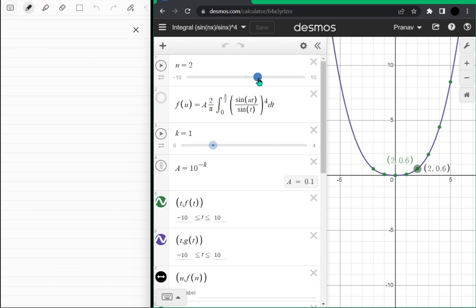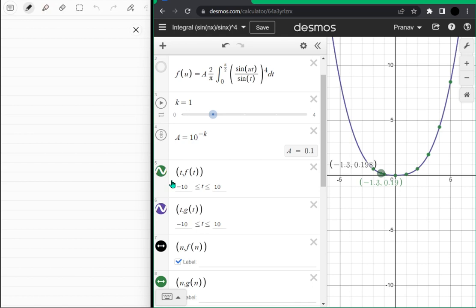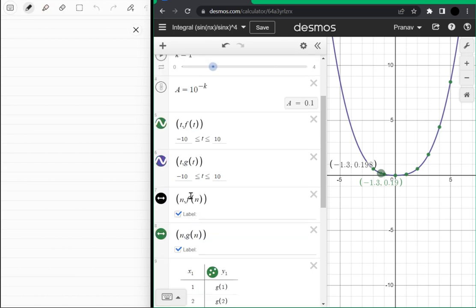As we change n, this point moves, and there are two labels over here, a black label and a green label. The black label is for this point and the green label is for this point. Both of these points lie on these curves respectively, so this one lies on this green curve, and g of n lies on this curve. As you can see, both curves look very much the same.